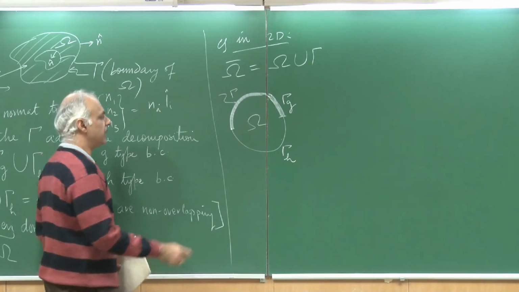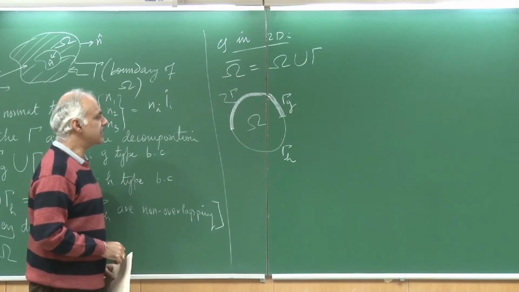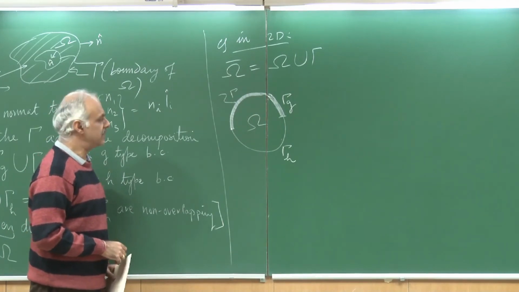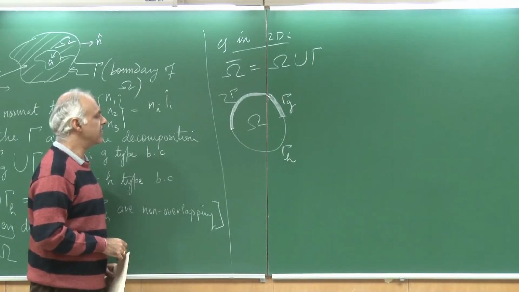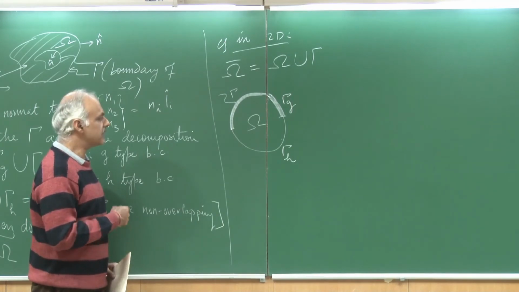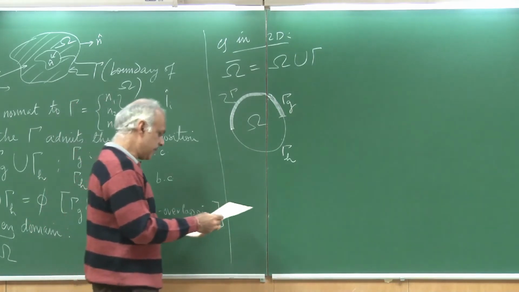Does it belong to gamma g or does it belong to gamma h? And this cannot be resolved by numerics. This has to be resolved by the person or the practitioner who is posing the differential equation and the boundary conditions. Numerics will simply do what we ask it to do. So, we will be very explicit.